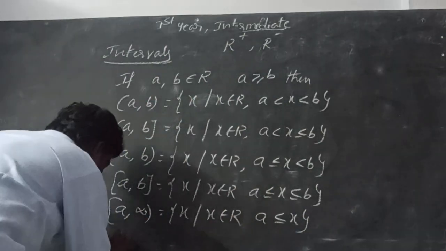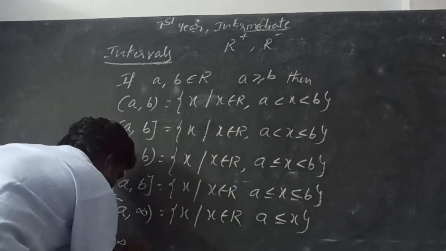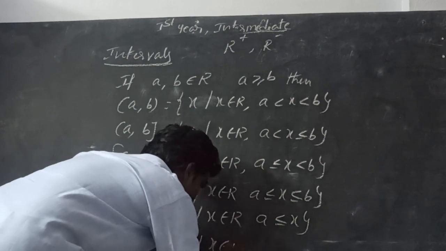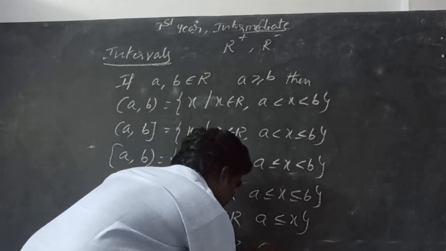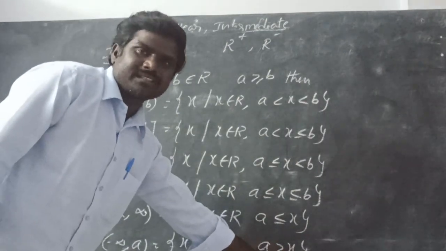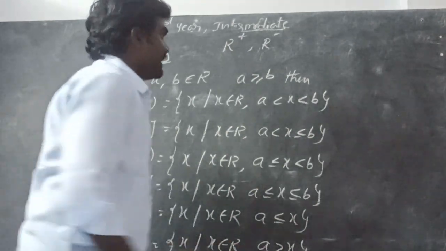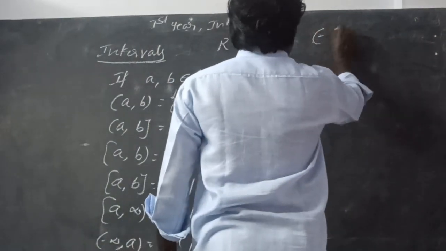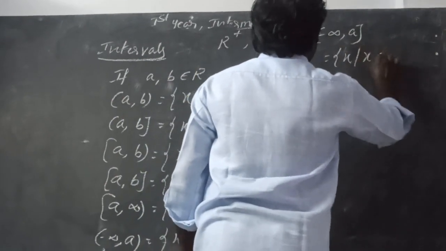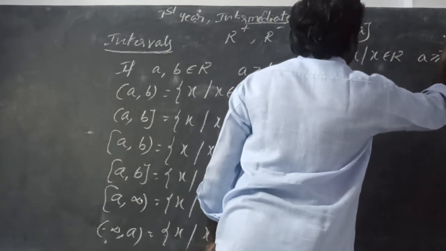Next, minus infinity to A: x such that x belongs to R, A is greater than x. That means x is less than A. Next, minus infinity to closed A: x such that A is greater than or equal to x.